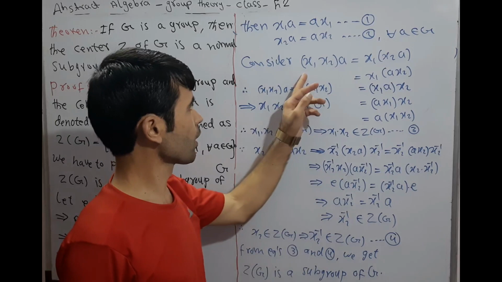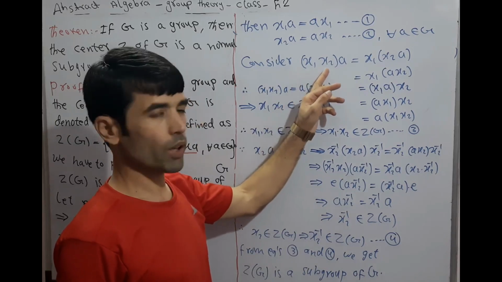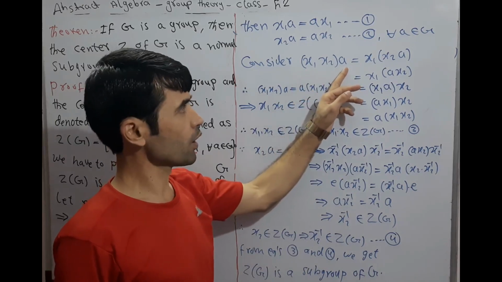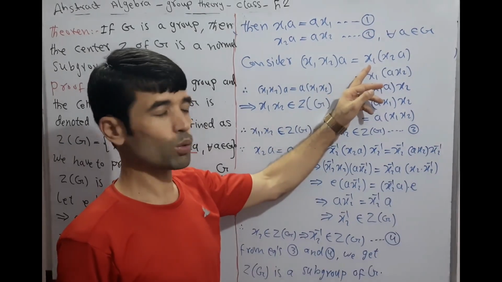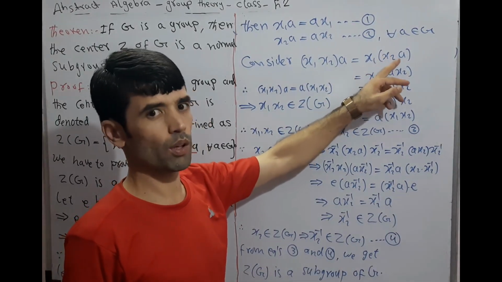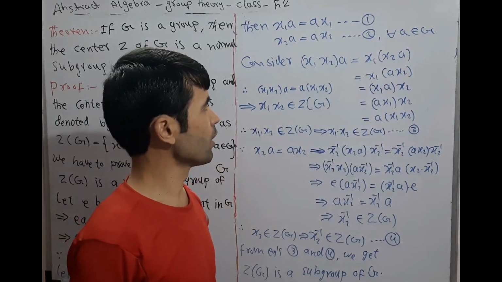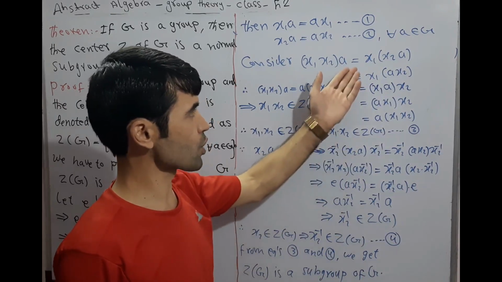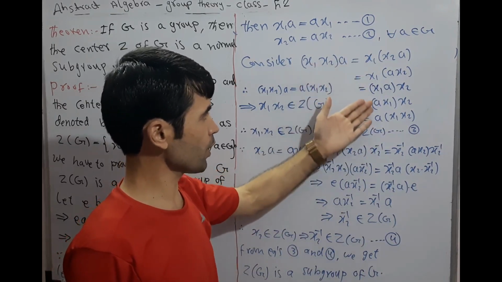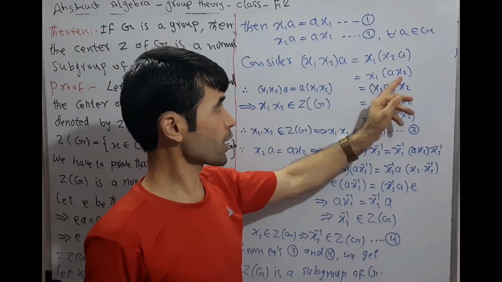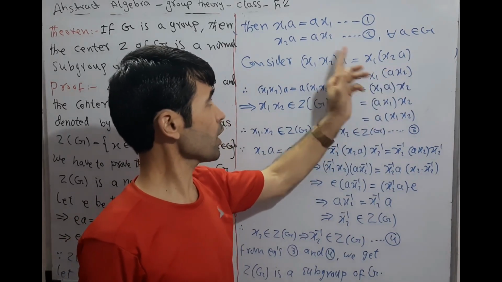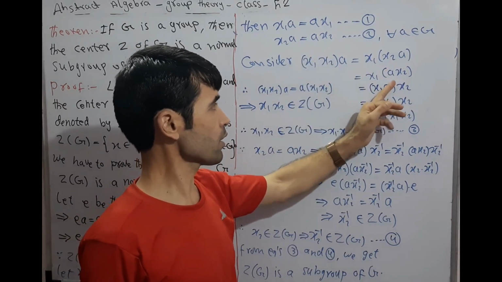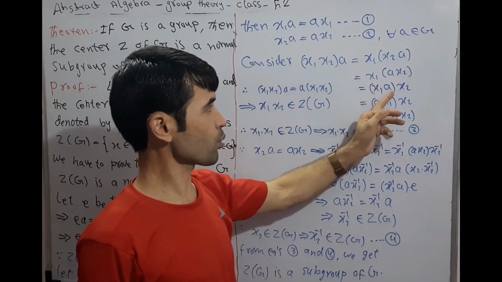Consider x1 into x2 into a. By using associative law, we simplify this. x1 into (x2 a), instead of x2 a we put the value a x2. It is equal to x1 into a into x2.